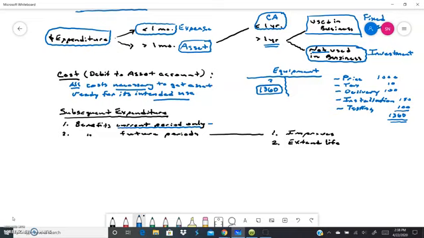In that case, if it's only going to benefit the current period, it's going to be classified as an expense. And this is, generally speaking, a repair and maintenance expense. That we call a revenue expenditure.